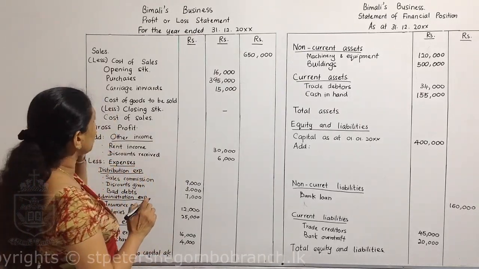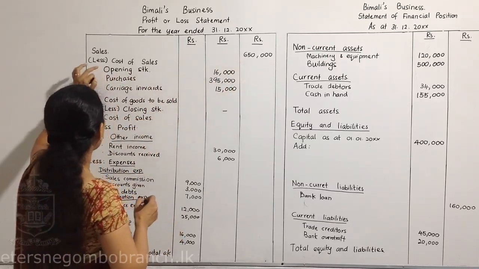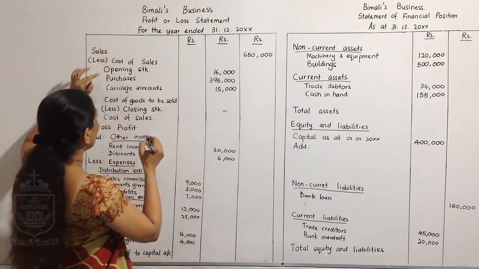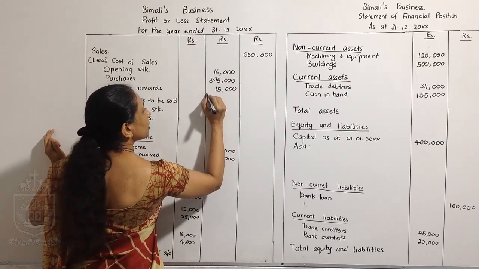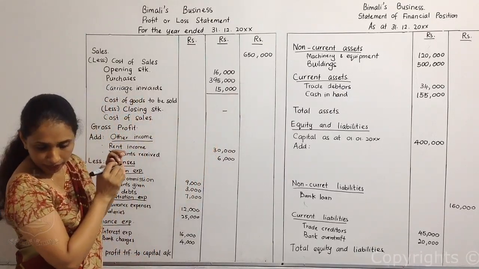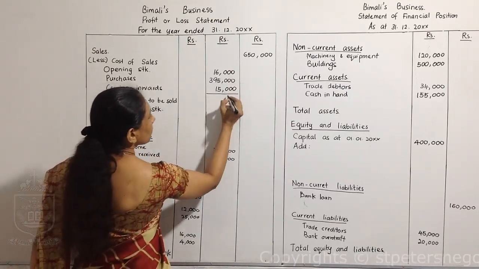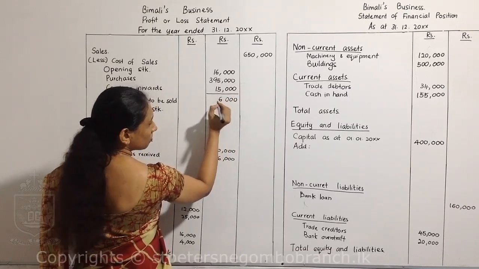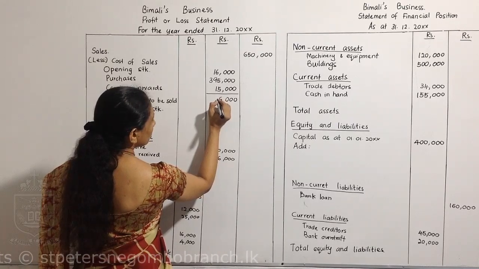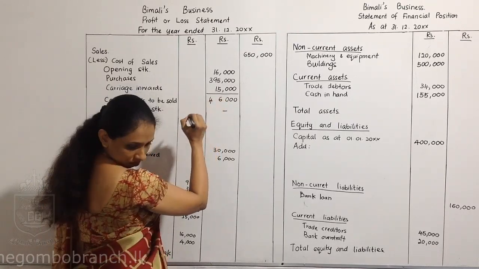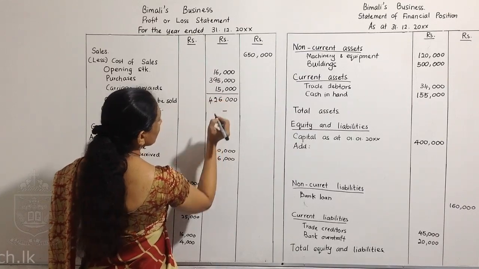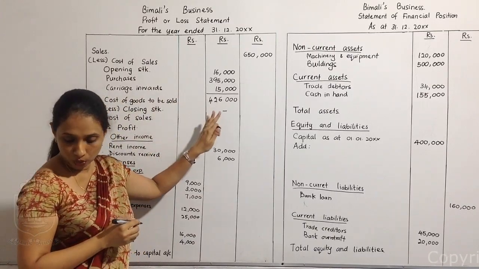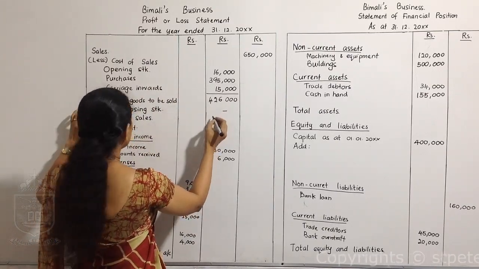So let's start with the profit or loss statement. We have the sales and we have to find out the cost of sales. So we have opening stocks, purchases and purchases related expenses. Add up the three together. It comes to 426,000, which is the cost of goods to be sold, and we don't have a closing stock here.